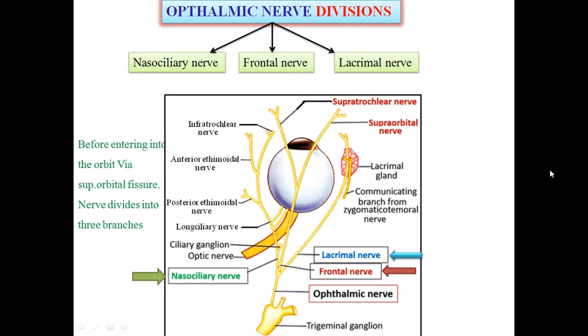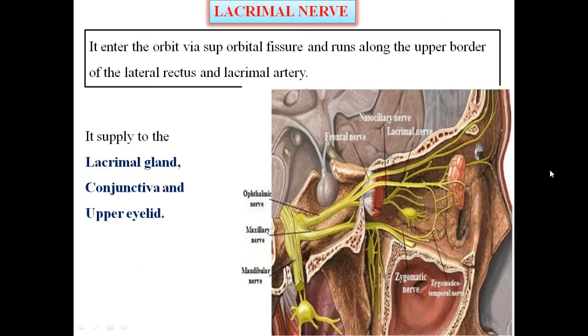So let us see the lacrimal nerve. The lacrimal nerve is a branch of the ophthalmic nerve, enters the orbit via the superior orbital fissure, and runs along the upper border of the lateral rectus muscle with the lacrimal artery. Then it supplies the lacrimal gland, conjunctiva and upper eyelid.